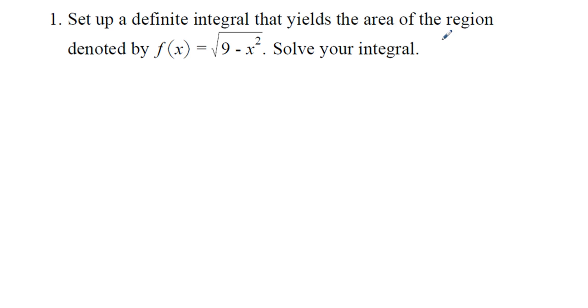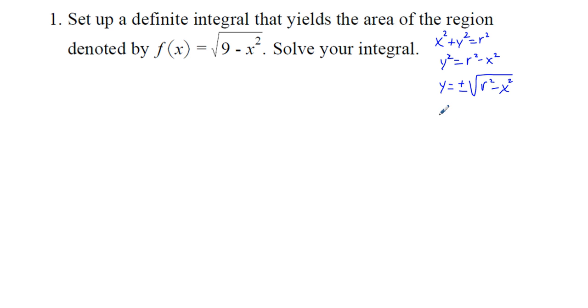If you have the general form of a circle, x squared plus y squared equals r squared, r being the radius, then y squared is equal to r squared minus x squared, and so y is equal to plus or minus the square root of r squared minus x squared.